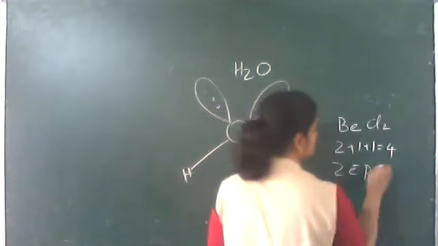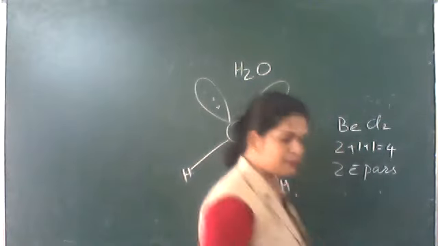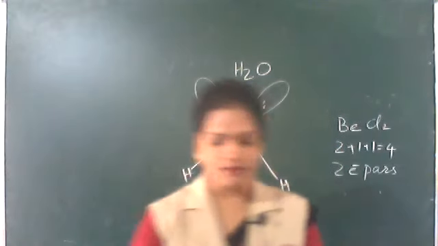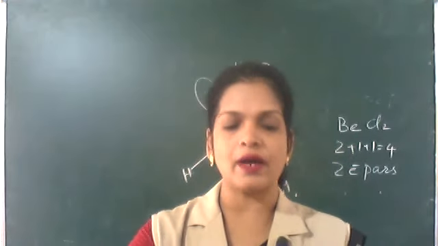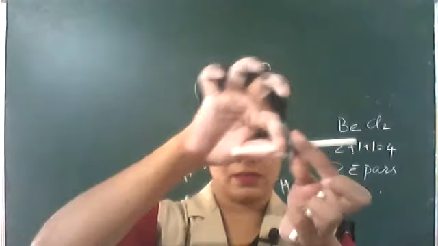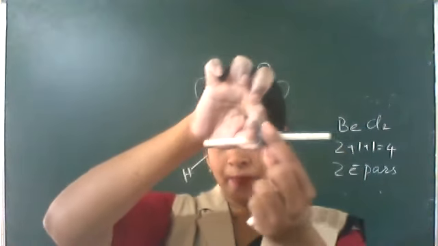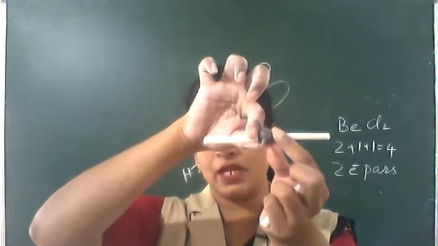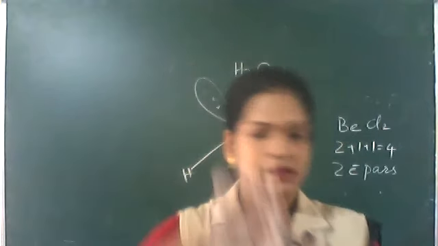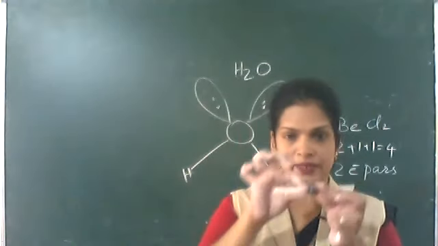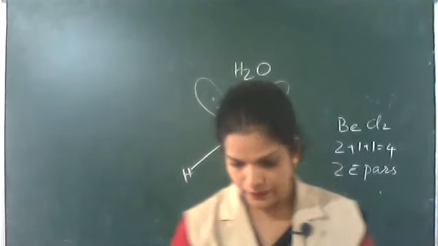These 2 electron pairs will be repelling each other. They stay far apart in this direction. That is, the shape is linear with a 180 degree bond angle. You can see the shape is linear. Thank you.